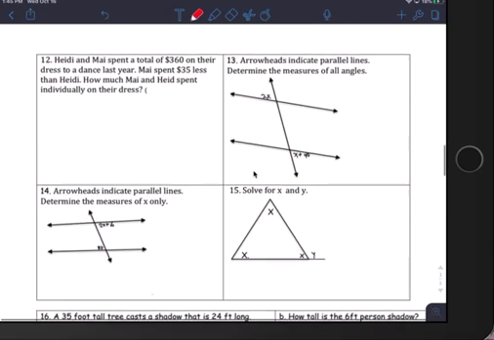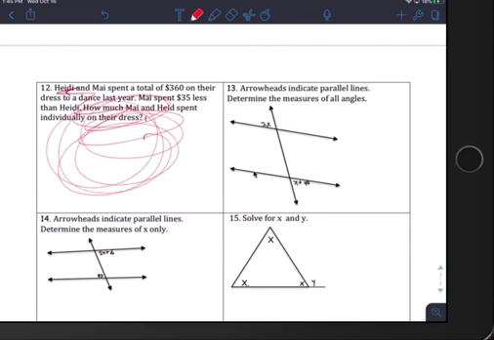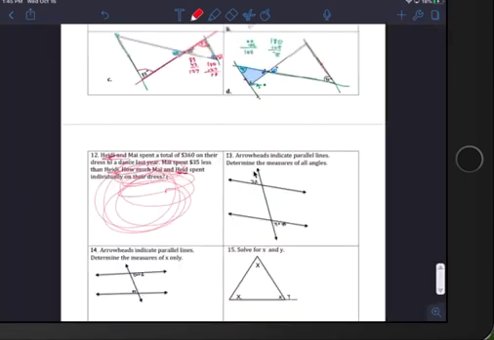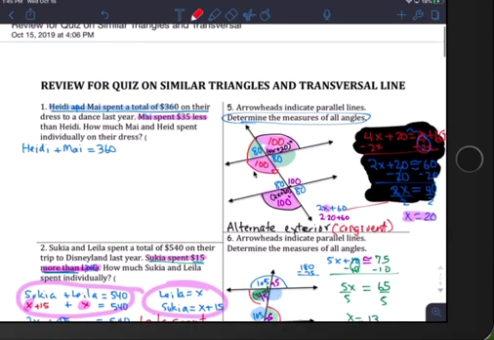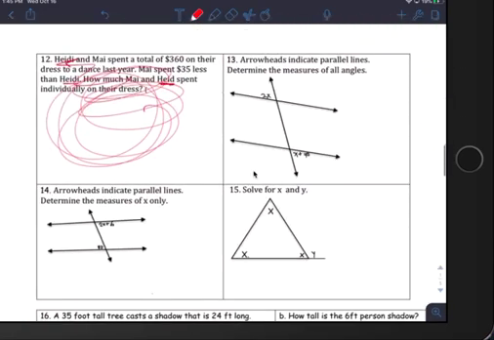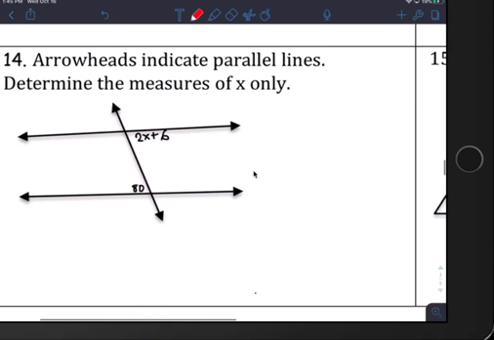All right. The last page, this one is the same as the first. Oh no, I spelled Heidi's name wrong here on this one. No, I still spelled it wrong, just like the front page. Here on number 1. Got to change it. Okay. Here, number 14. This is alternate interior, every other side, are congruent.